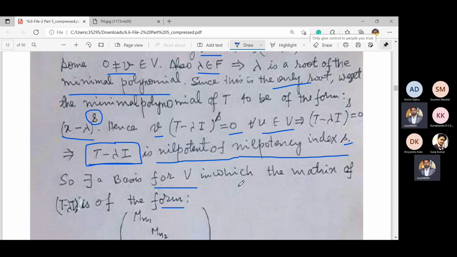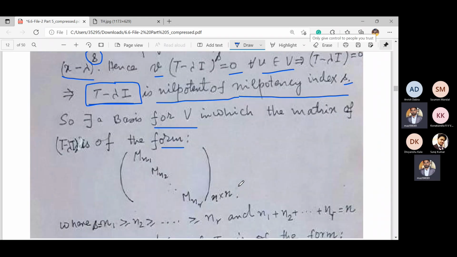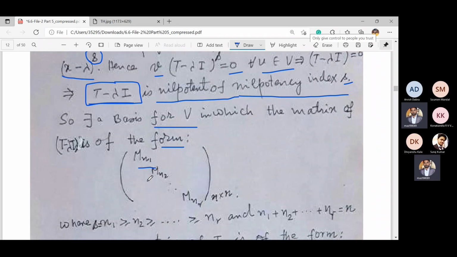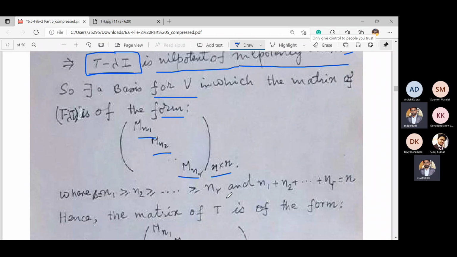So for that we get a basis for which the matrix representations are Mn1, Mn2 and Mnr, that is r cross r matrix or n cross n. Where s equals n1 greater than or equal to n2 greater than or equal to nr, and n1 plus n2 plus ... plus nr is equal to n.